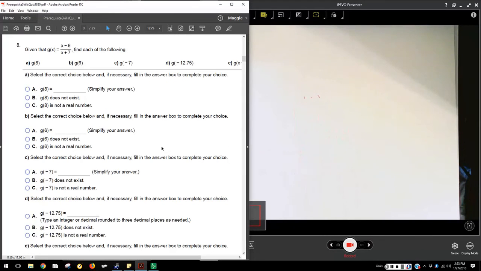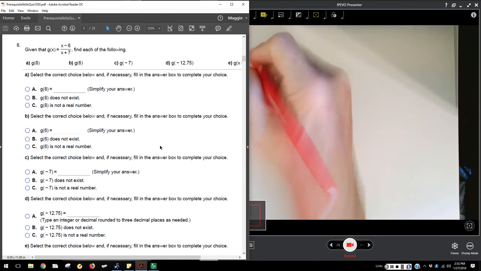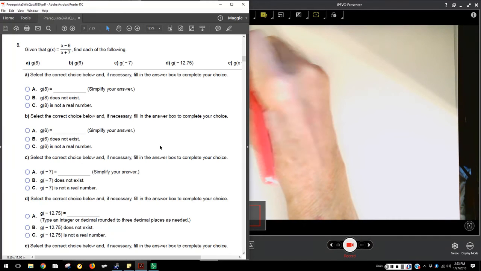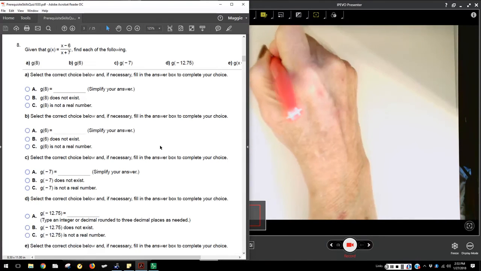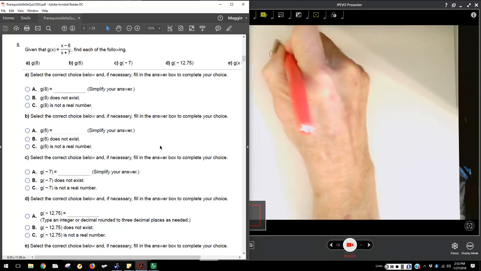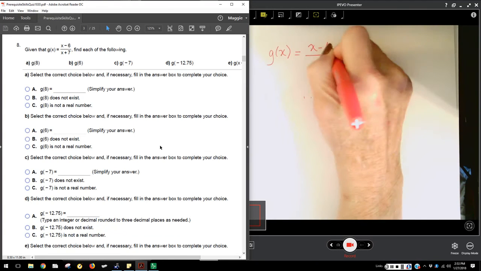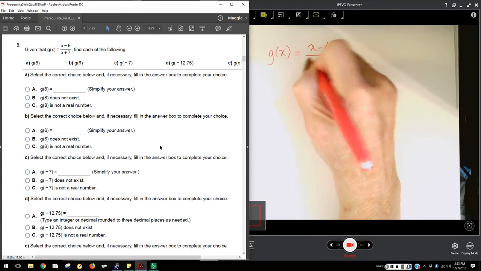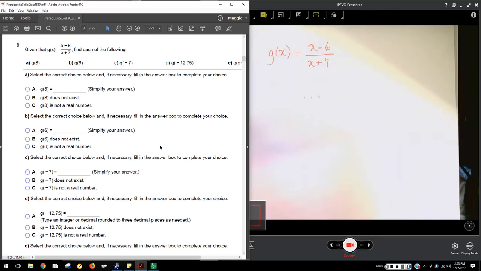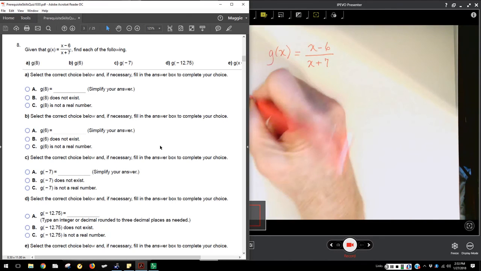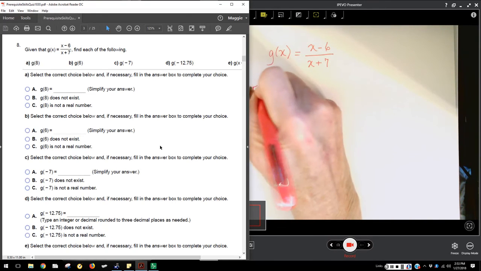So now we'll move on to number 8. And number 8 says, given that g of x is equal to (x minus 6) divided by (x plus 7), they want us to find various values of that function.